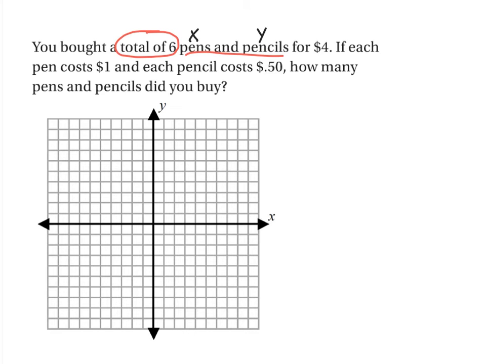So one equation we can write is the total number of pens and pencils. Ignore money. Okay? So if I take the number of pens, x, plus the number of pencils, y, what am I going to get? 6. I have a total of 6 pens and pencils. So I know one equation is x plus y equals 6.